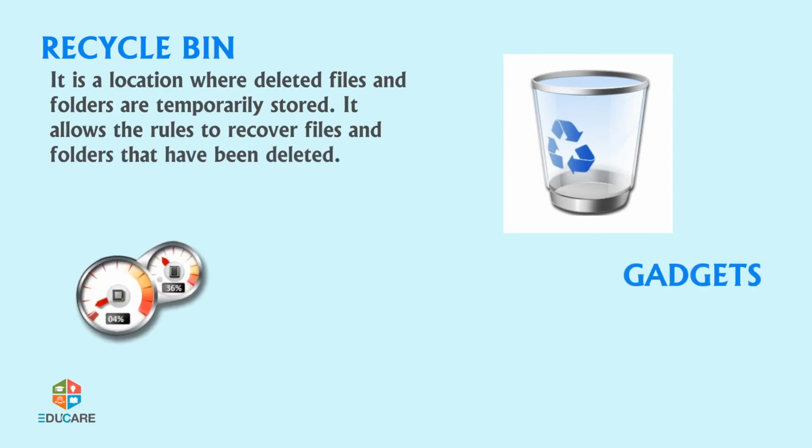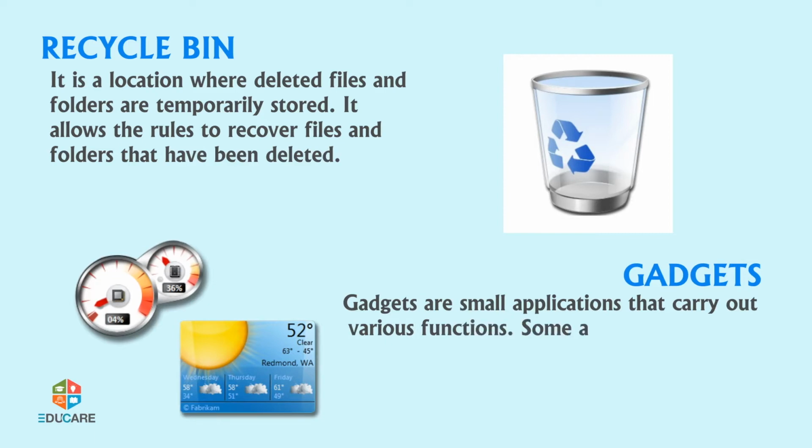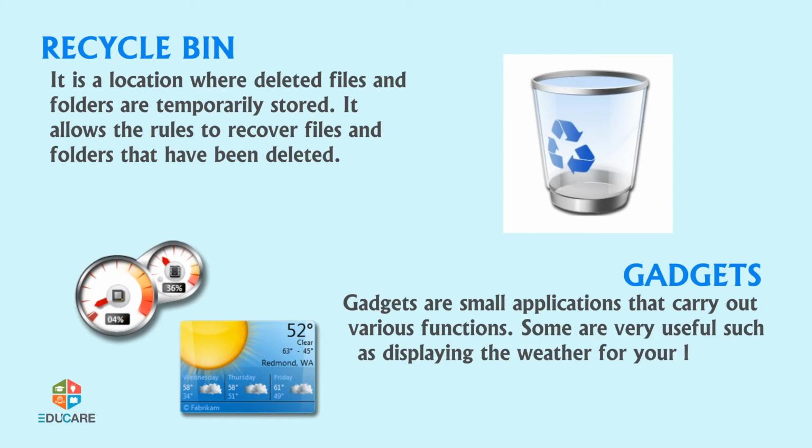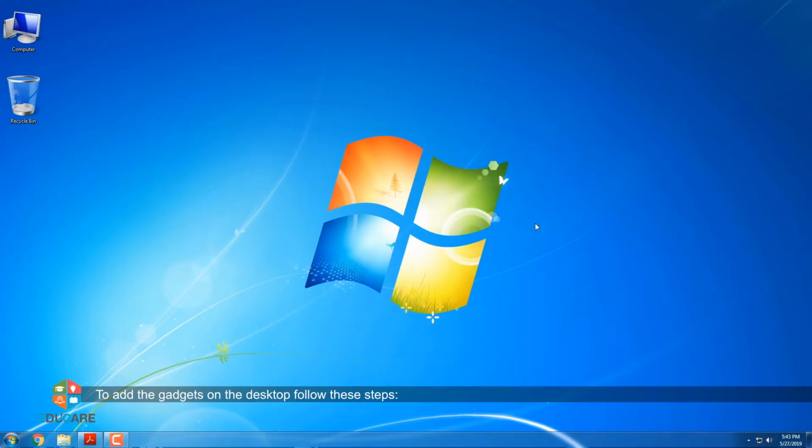Gadgets. Gadgets are small applications that carry out various functions. Some are very useful, such as displaying the weather for your location. Some examples of gadgets are weather, puzzles, random pictures, etc. To add gadgets on the desktop, follow these steps.